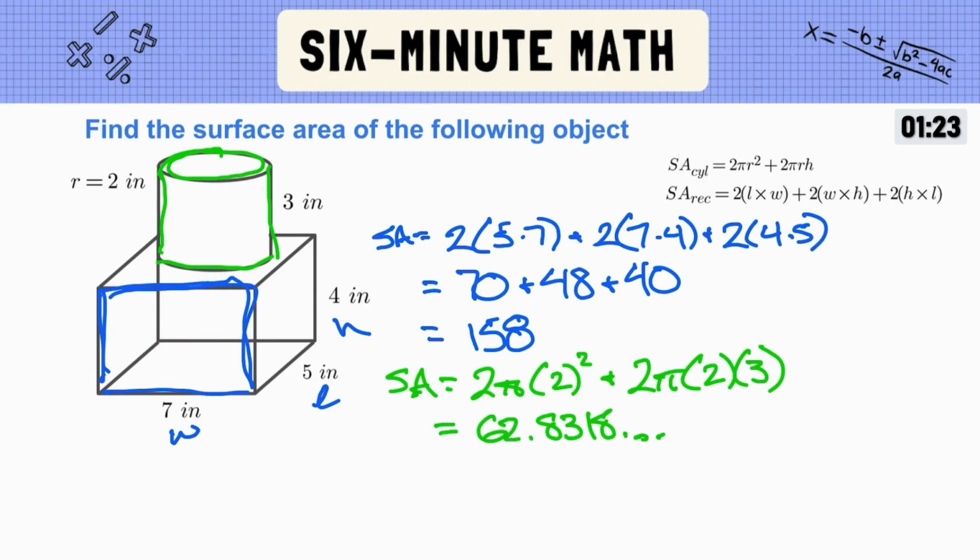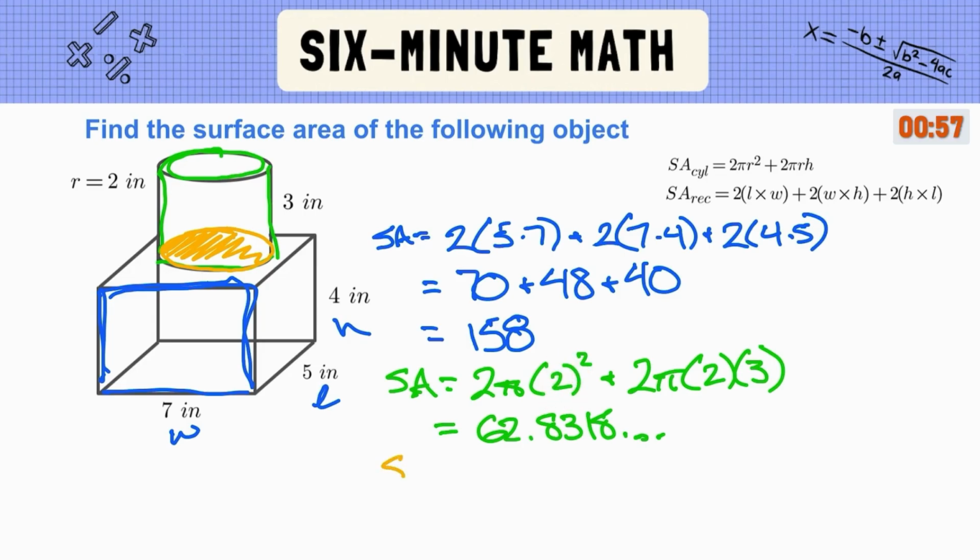So what I have found here is the surface area of my rectangular prism and my cylinder. But what I need to subtract is this area where they connect. It is going to be in the shape of a circle, and I'm going to have to subtract it twice. Once for the cylinder and once for where it connects to the rectangular prism. So that circle is actually this part of my surface area equation of a cylinder.